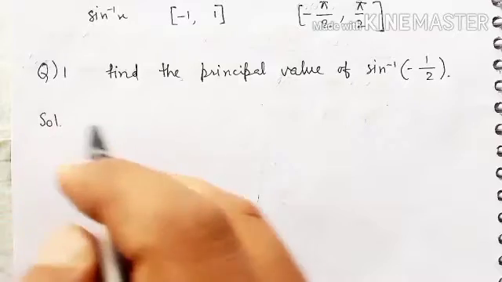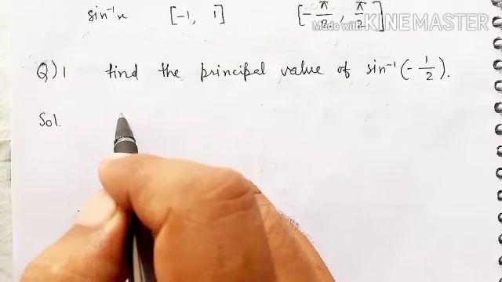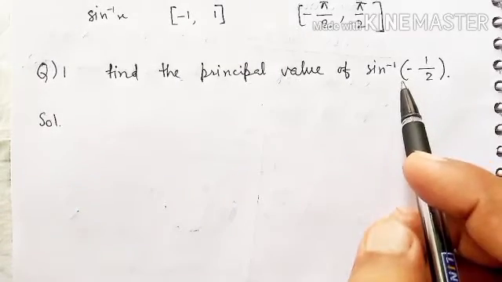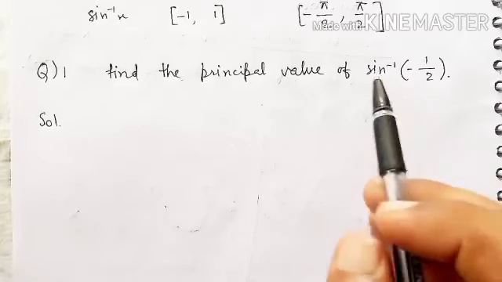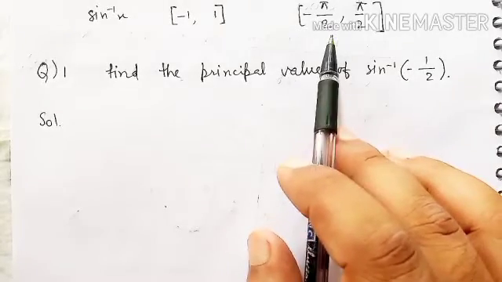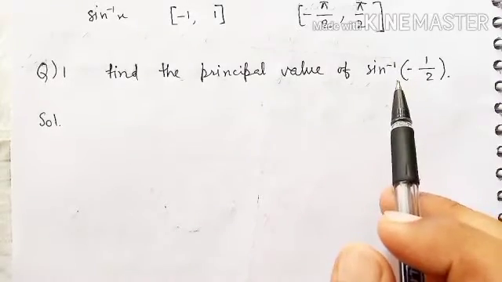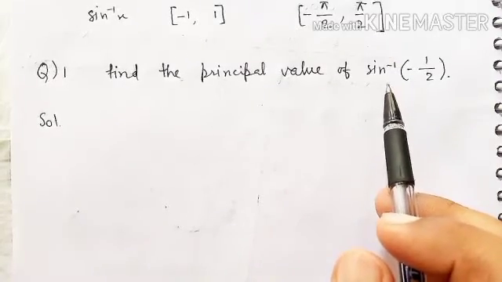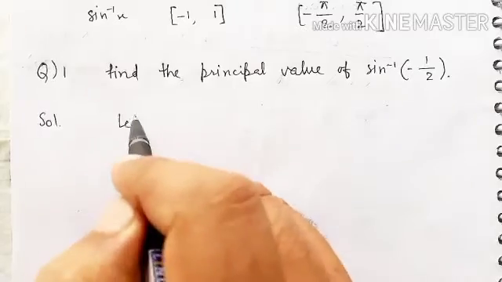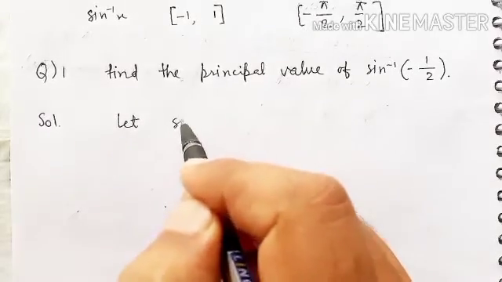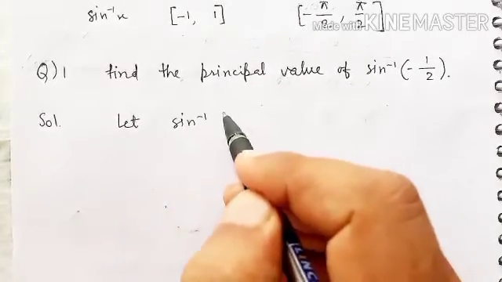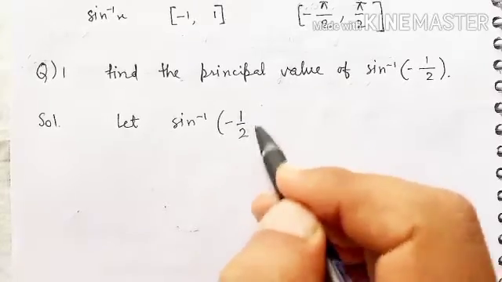To do such types of questions, find the principal value of sine inverse minus 1 by 2. The way is, we have to think of an angle in this interval minus pi by 2 to pi by 2 for which sine is minus 1 by 2. Let sine inverse minus 1 by 2 be equal to y.